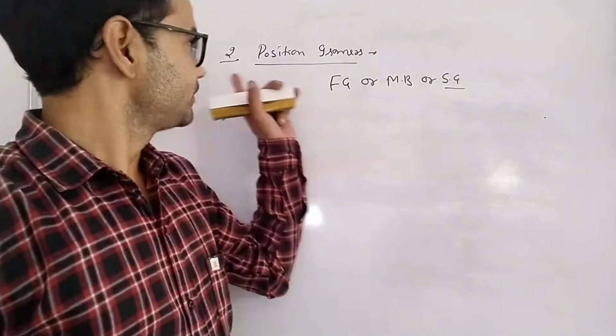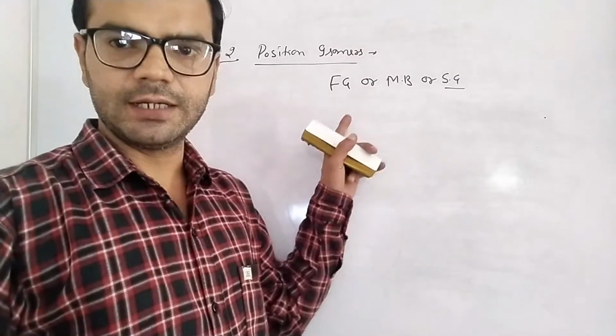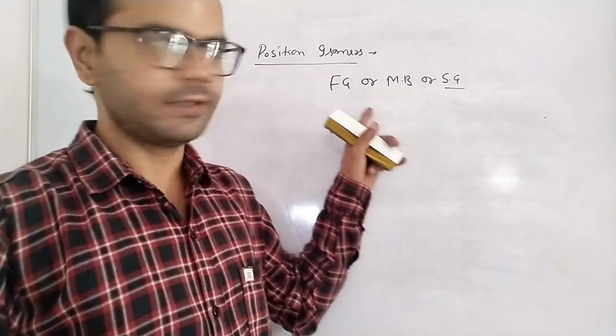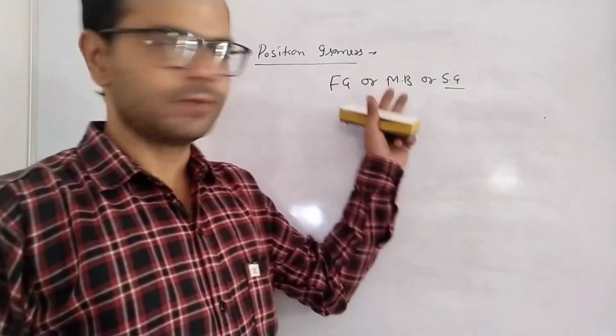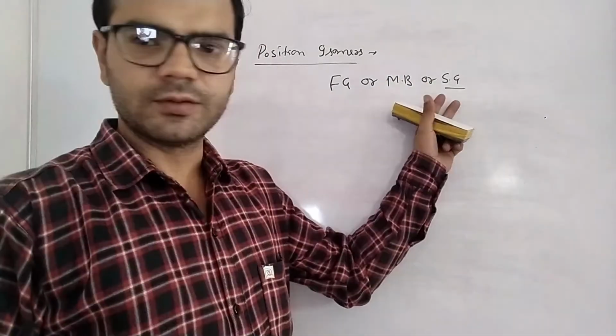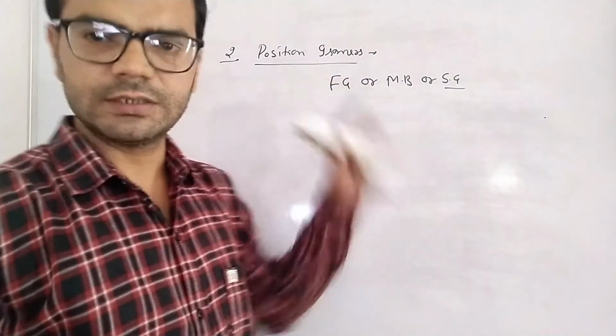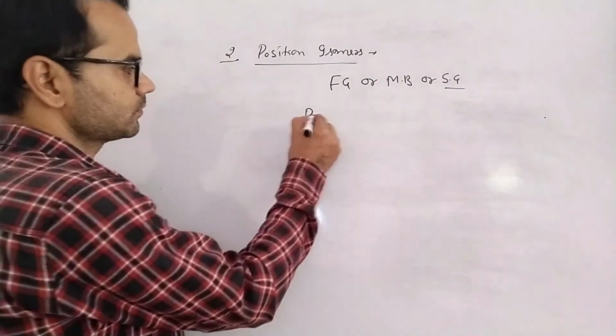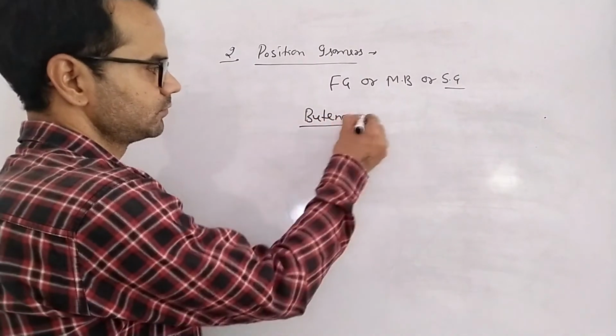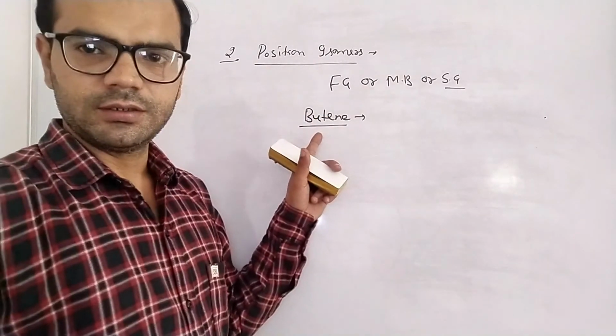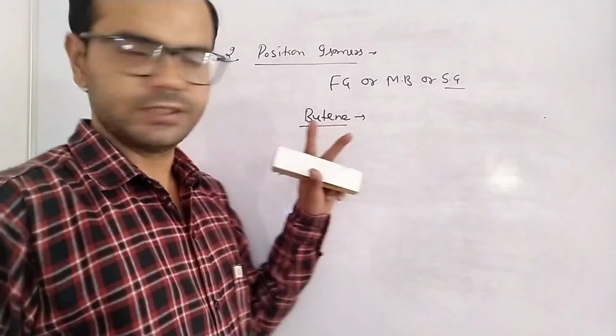So how to define position isomers? Organic compounds having the same molecular formula but different positions of a functional group or multiple bond or a substituent group are called position isomers. For example, we have butane. Now the double bond can be represented in two ways.